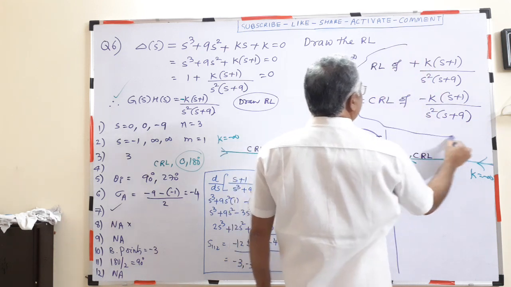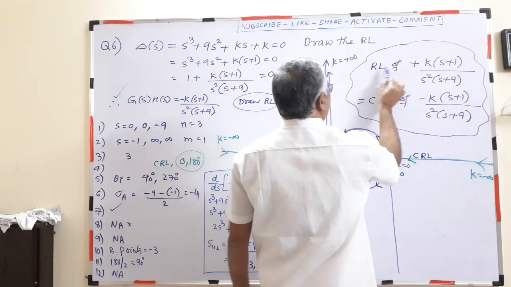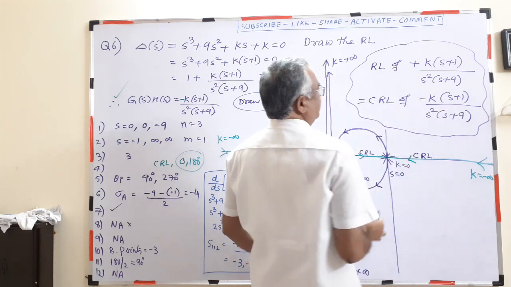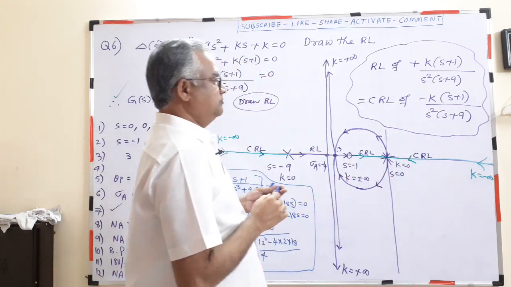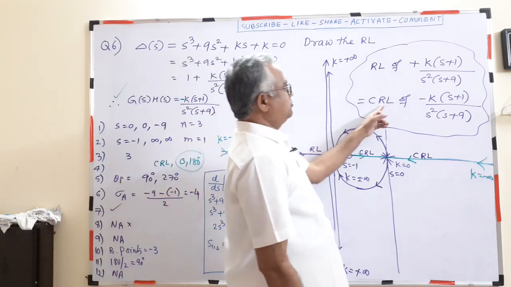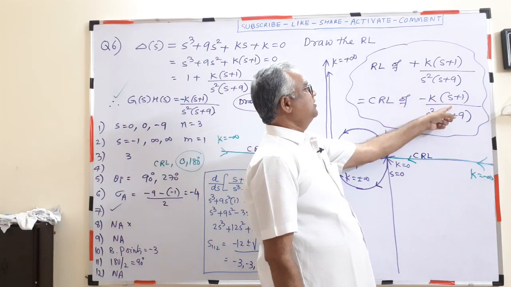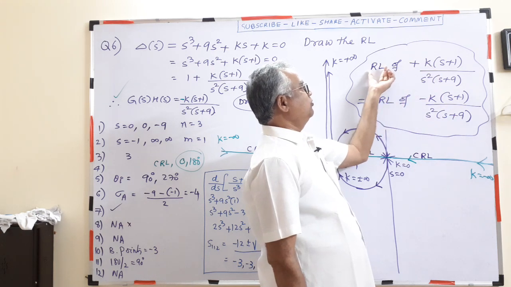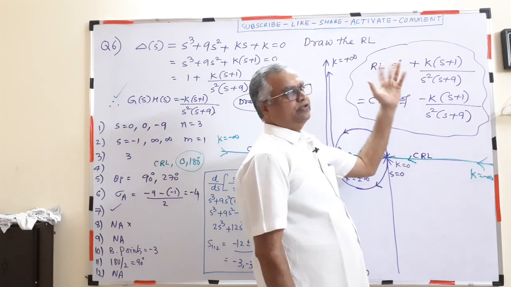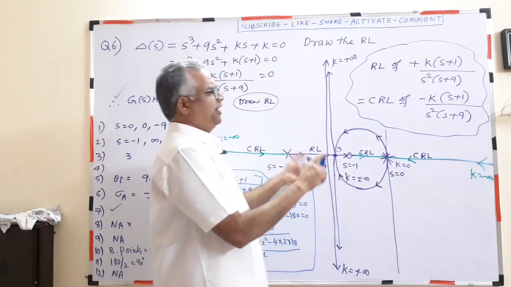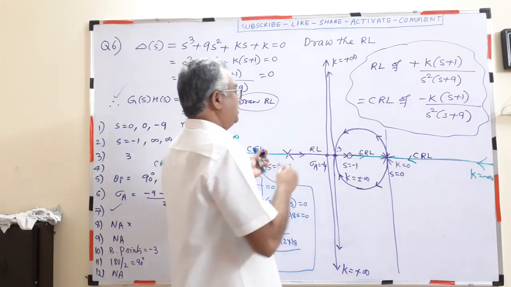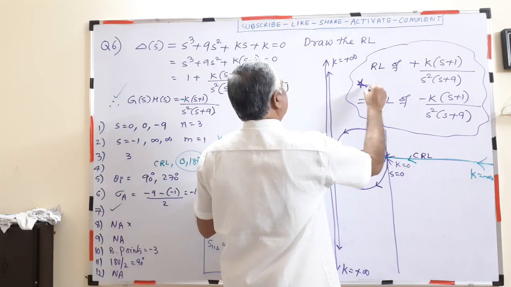This is the important statement: root locus of plus is equal to CRL of minus. Both are the same. So if they ask to draw the CRL of this, make it plus k, draw the root locus, follow the same rules. That will automatically become the CRL of this, and vice versa. This is another important point.